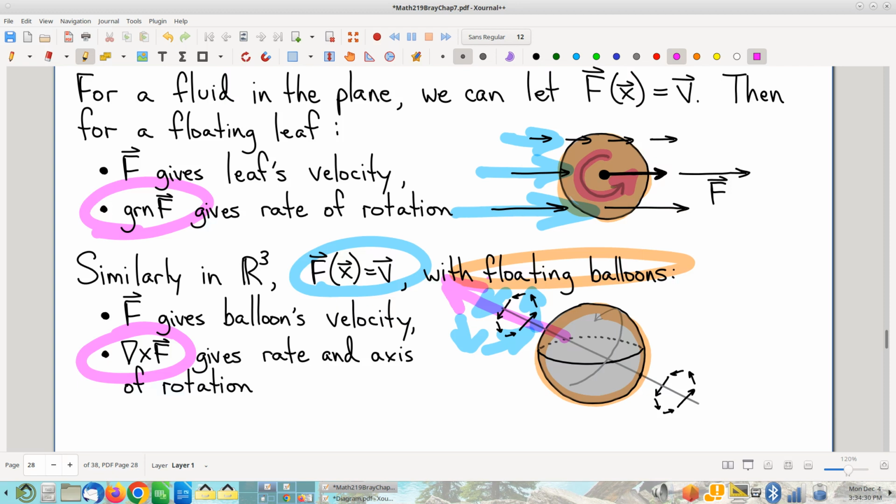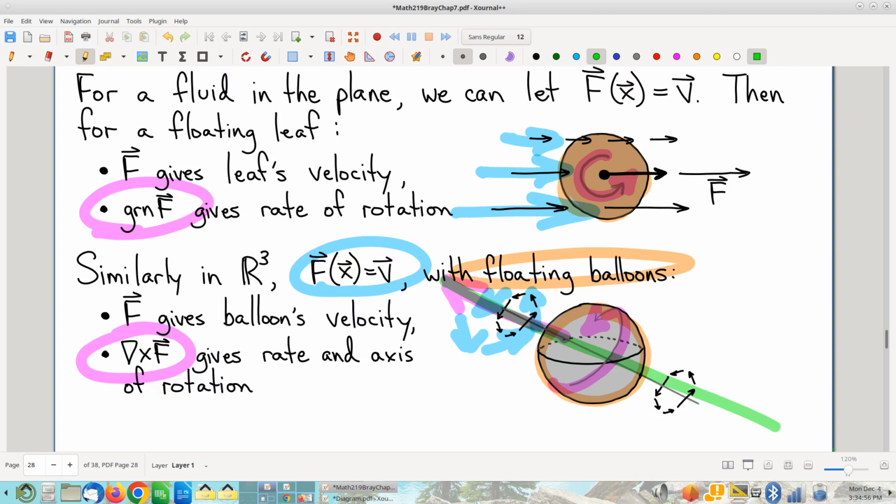And so you should expect that the curl will tell you how the balloon is rotating. Because the curl says how the air is rotating, and the air rotating is what makes the balloon rotate. Everybody buy it? So again, the direction of the curl is going to tell you the axis that the balloon is going to be rotating around.